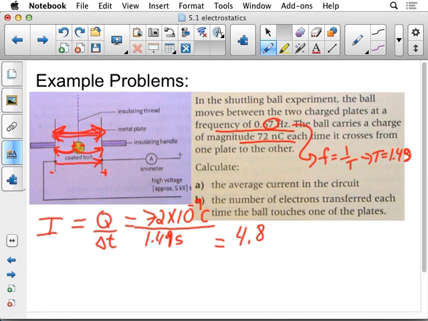Okay, there are two significant figures here, so I'm going to round to two significant figures. 4.8 times 10 to the negative 8 coulombs per second. How many amps is that?